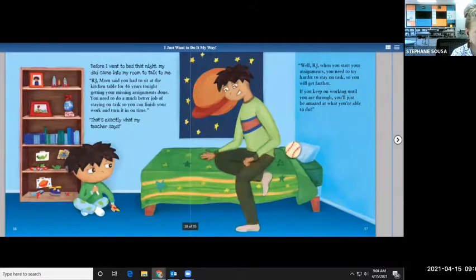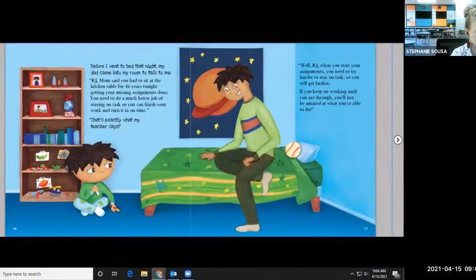Before I went to bed that night, my dad came into my room and talked with me. RJ, Mom said you had to sit at the kitchen table for 46 years tonight, getting your missing assignments done. You need to do a better job at staying on task so you can finish your work and turn it in on time.